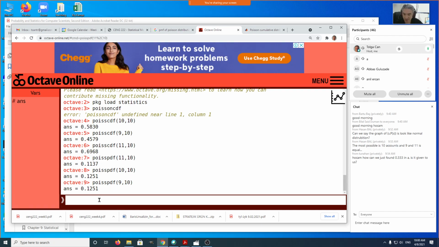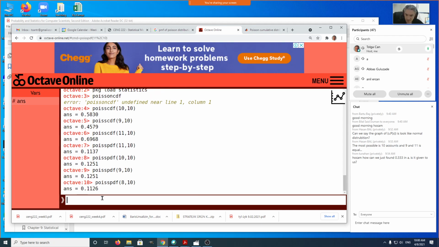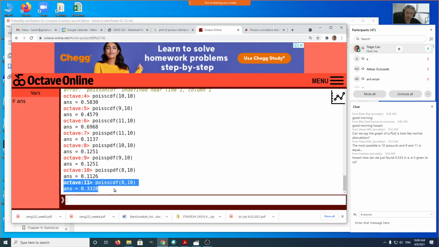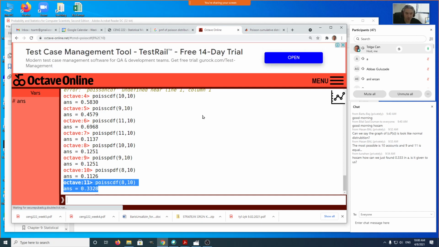So if you look at the CDF of 8, this is how we obtained 0.33. This cumulative distribution function, the part that I highlight here, shows the probability of observing 0, 1, 2, 3, 4, 5, 6, 7, 8 events in this time interval where the average number of event occurrences is 10 per day.